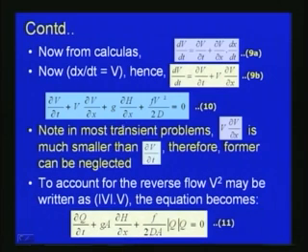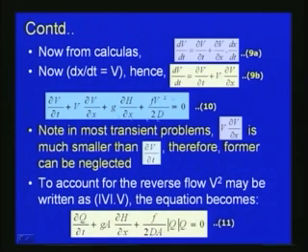Here you can see that in most of the transient problems, this v into del v by del x is much smaller than the local acceleration del v by del t. Therefore, we can neglect this term. If we neglect this term and if we account for the reverse flow, v square we can represent by writing modulus v into v, and then transforming Q is equal to A into v.